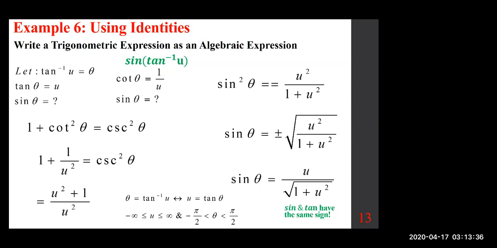The other method, if it's helpful. Tan theta, what is tan theta, everybody? Tan theta is y over x, isn't it? What is sine theta? Y over r. So what is tan theta? U. Okay.